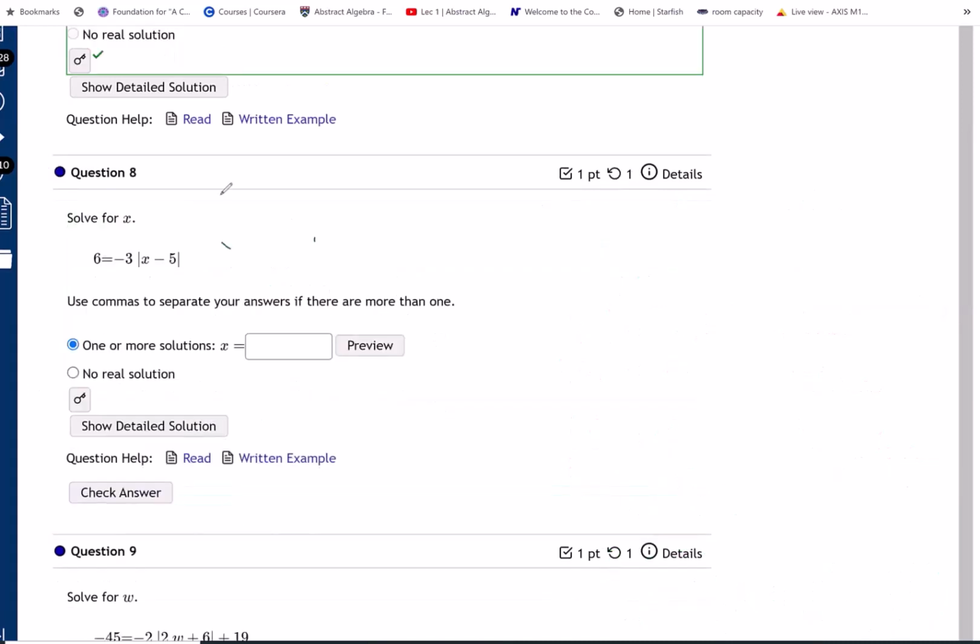Again, I start with 6 equals -3 times the absolute value of x minus 5. I can't do anything until I get that absolute value by itself. I divide both sides by 3.